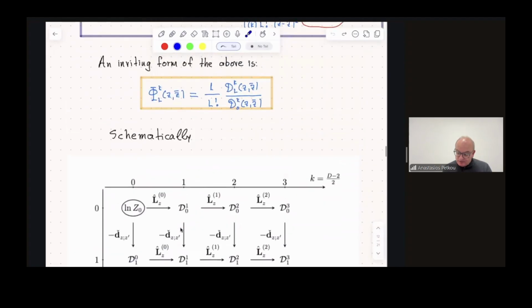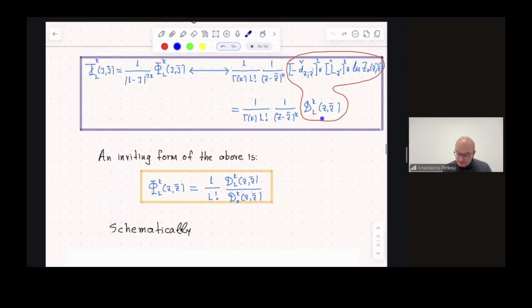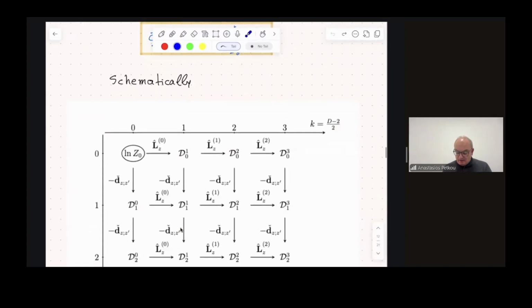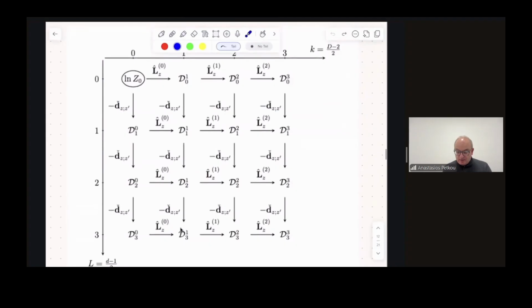And these functions D, L, and k, as we just said, are exactly related to the conformal integrals. So we have a way to produce L-loop conformal integrals in k dimensions, in any dimension we want.